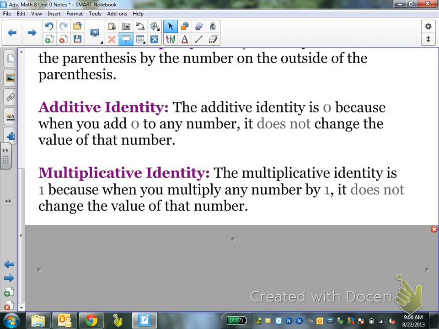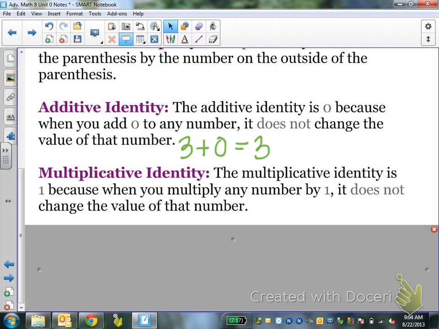So the identity properties are all about keeping a number's value the same. For example, if I have 3 plus 0, what would my answer be? Still 3. Okay? So the additive identity is 0 because when I add 0 to any number, I still get the same number.